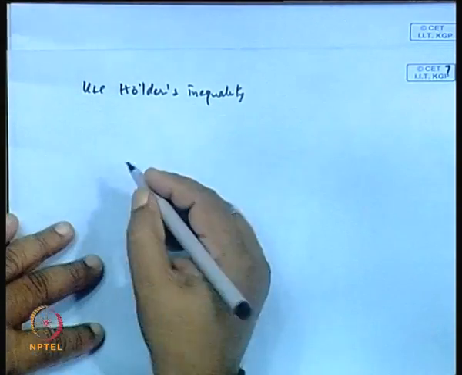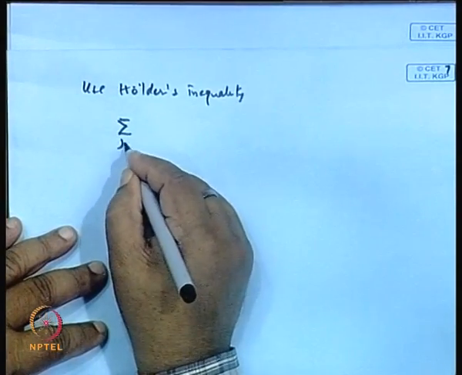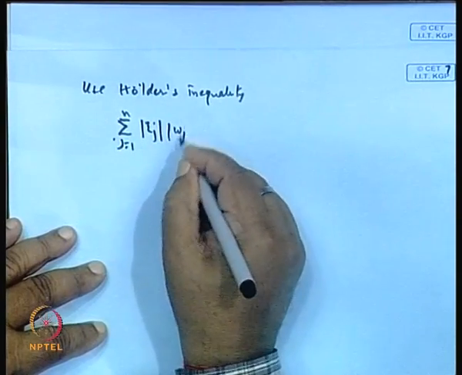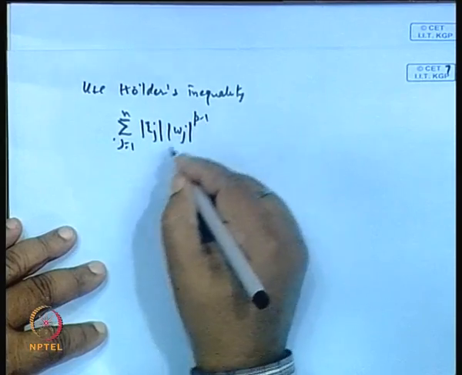So, we get from here sigma j is 1 to n mod xi j mod w j power p minus 1.